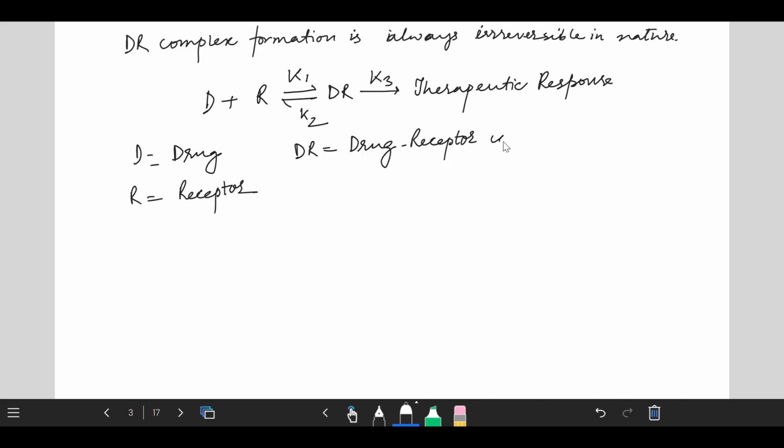K1 is the association constant. K2 is known as the dissociation constant.